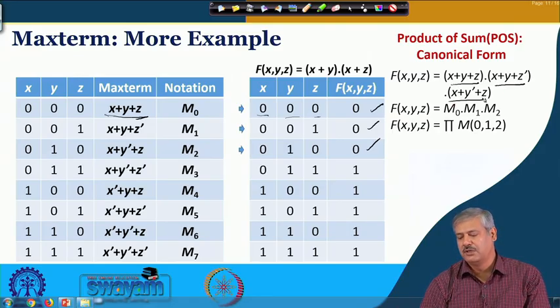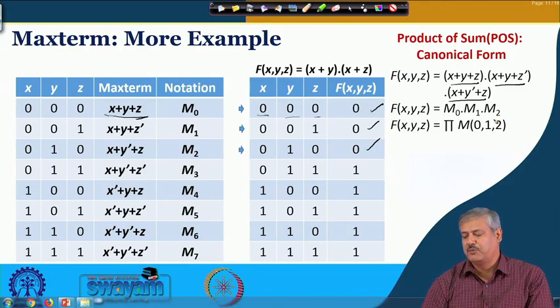Is it okay? So, these are M0, M1 and M2, and the more compact representation is the product pi, that means multiplication of Maxterms 0, 1, 2, that is ANDing of the 3 Maxterms 0, 1 and 2. Is it clear? Okay.